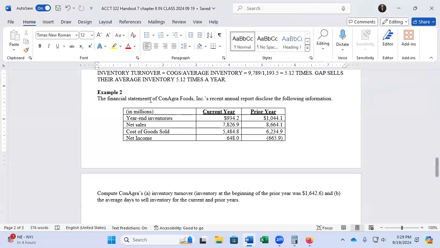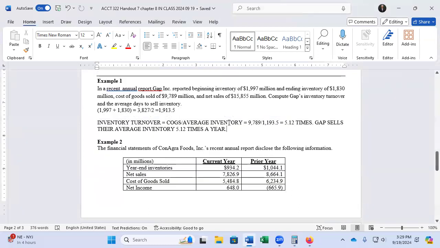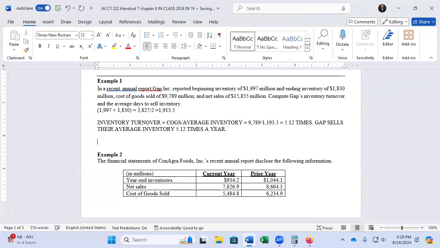And then we needed to calculate the average days to sell inventory. $365. Bless you. Sorry, I know you got that from me. Divided by 5.12, which is our inventory turnover.